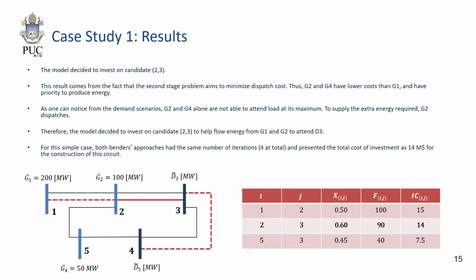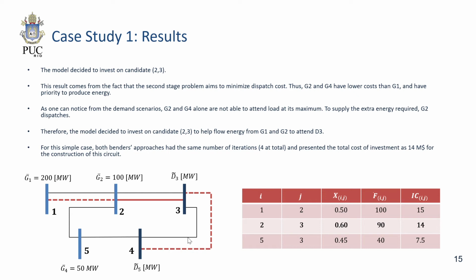Because as we want to minimize generation cost, we want to first dispatch energy with the generator that is cheaper, right? So in this case, G4 is cheaper, then G2, and finally G1. But we have scenarios that demand more energy than G2 and G4 can provide. Therefore, G1 has to dispatch.